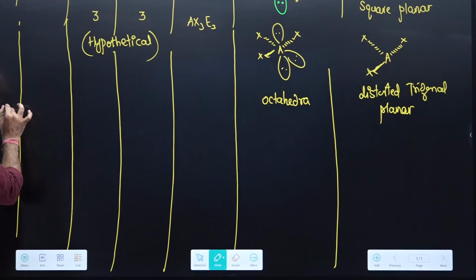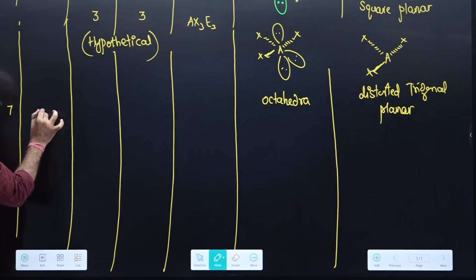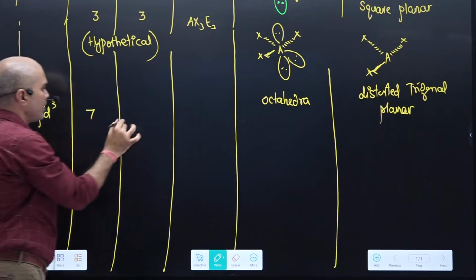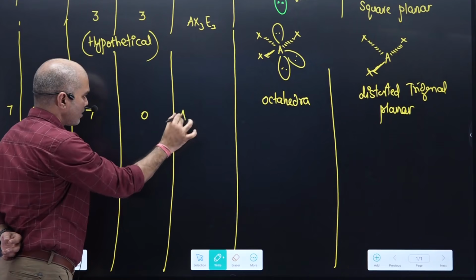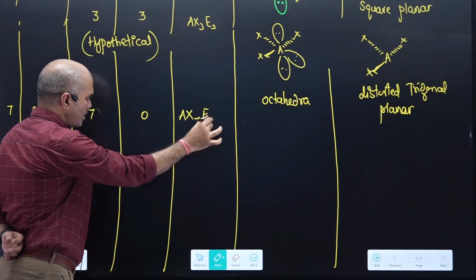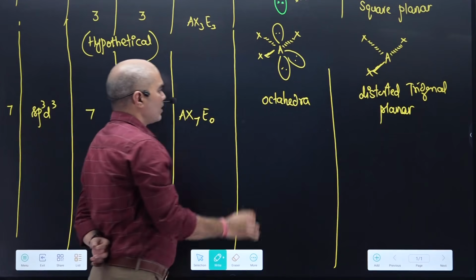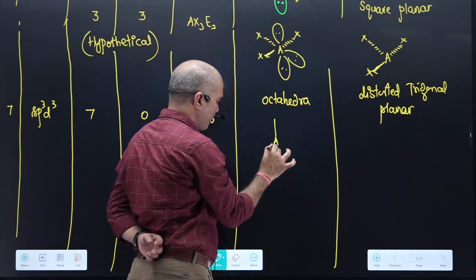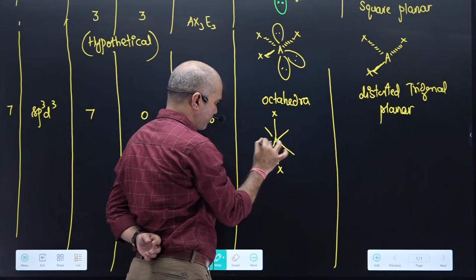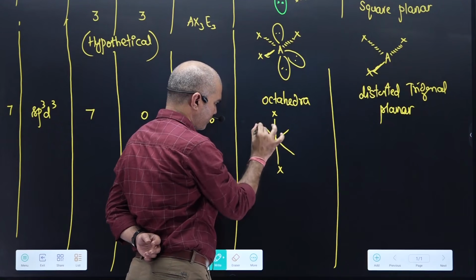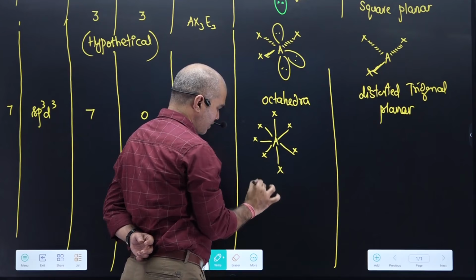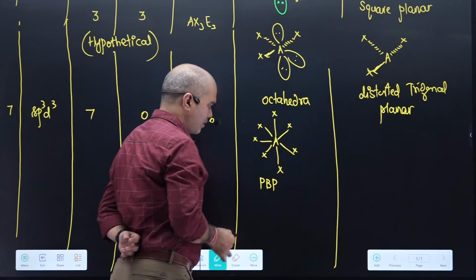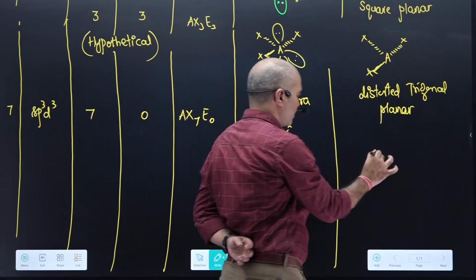Next, steric number 7. Let me take 7 bond pairs, 0 lone pairs, AX7E0. Then the geometry will be PBP, pentagonal bipyramidal.